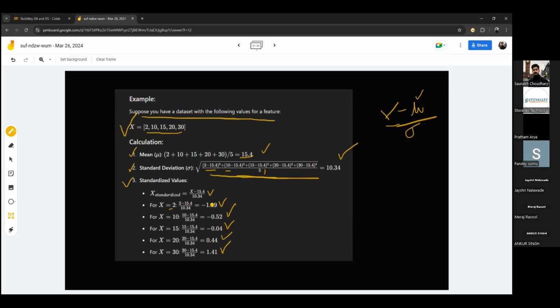So now this distance is, for example, minus 1.29. What is the meaning of this? If we assume that the mean is 0, it is minus 1.29. It means it is somewhere here, right? So this is how we do it. Minus 0.52.